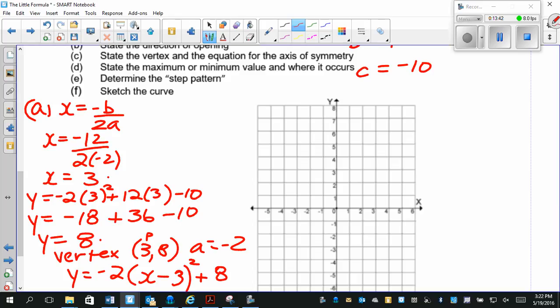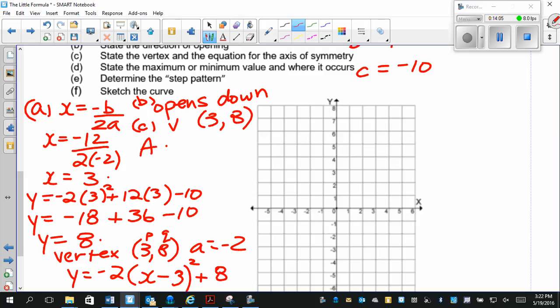So for this one then, we know that the direction of opening, it's going to open down because of that -2 out in front. C, the vertex we've already mentioned, is 3, 8. Our axis of symmetry is x equals 3 from our vertex.